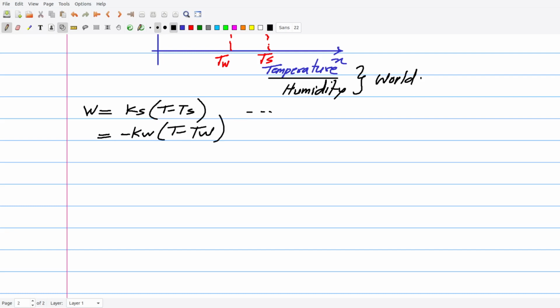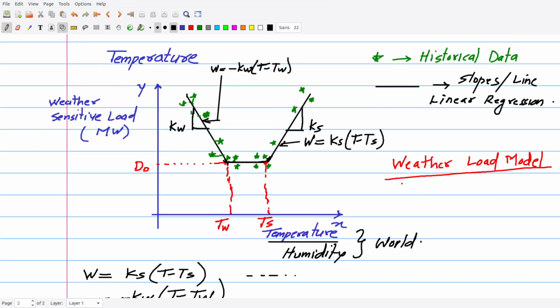So now when is this possible? Ks into T minus Ts. Look at this diagram. This is possible when your temperature T is greater than Ts.